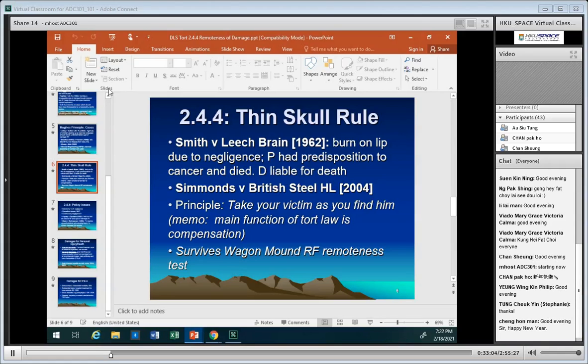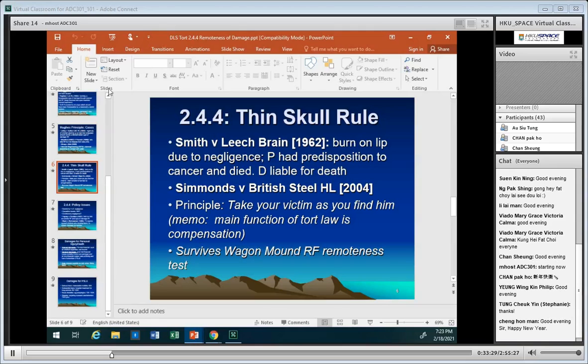Well, only those which are reasonably foreseeable, and you will be liable for the types of damage which the plaintiff might suffer. And so you might say, hang on, does this clash with the thin skull rule? Well, the courts are saying no, the thin skull rule does survive the Wagon Mound remoteness rules.